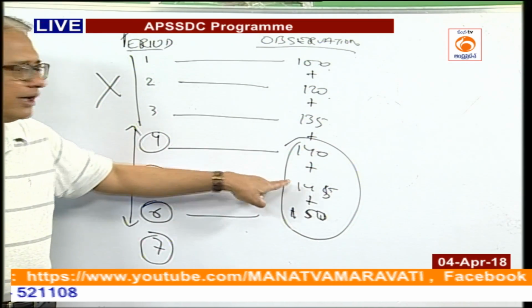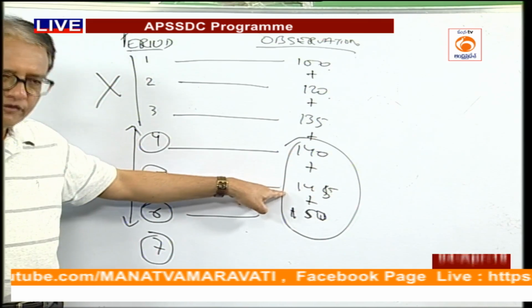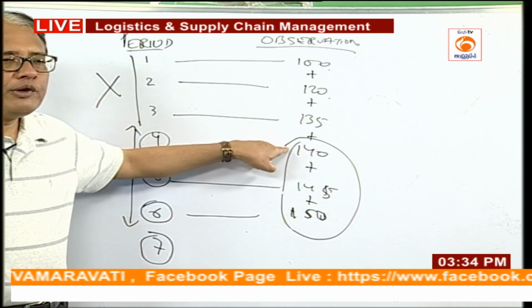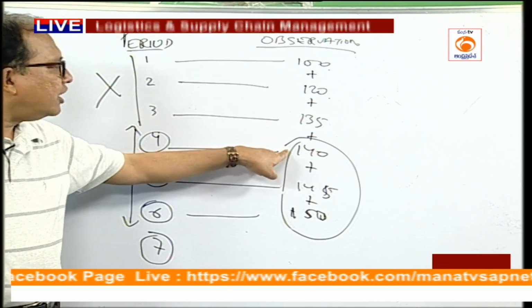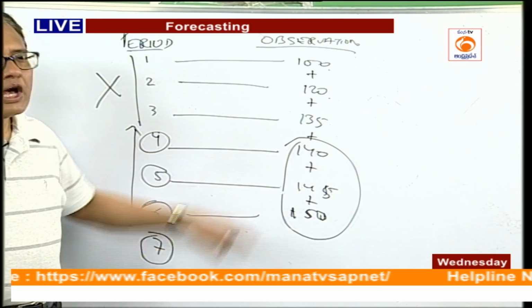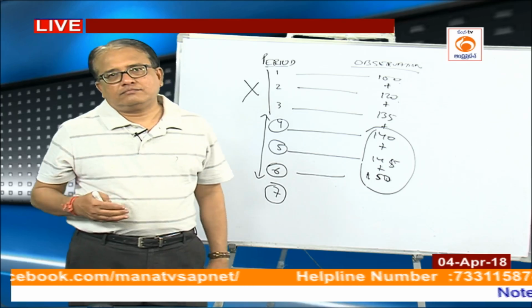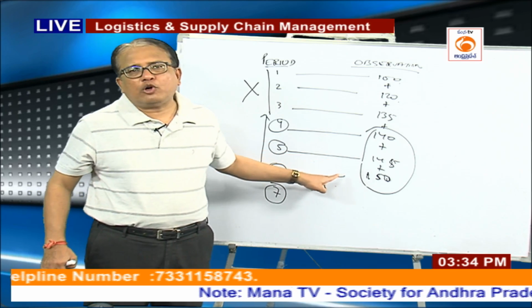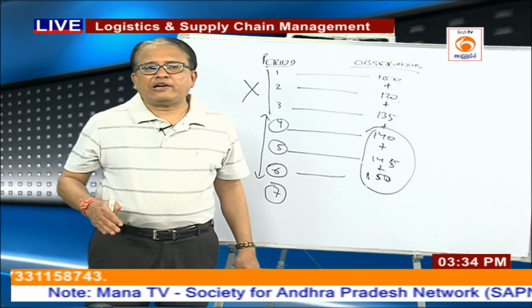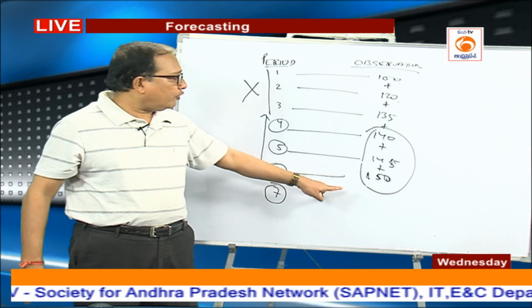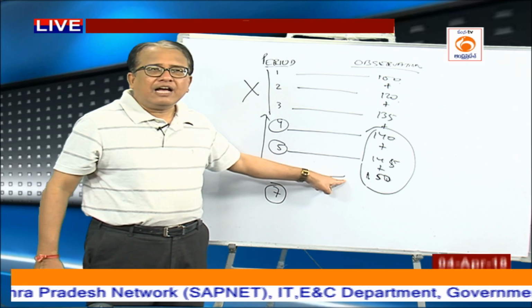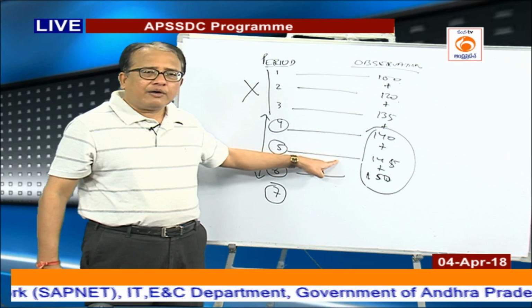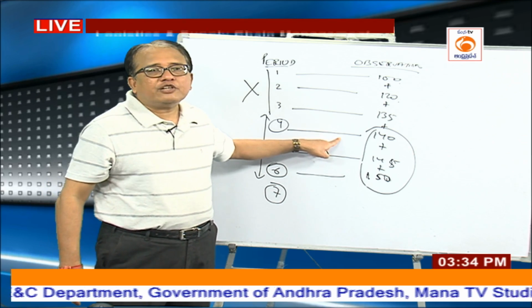Then what is more important is the observation in the 5th period, and then 140, that is the 4th period. So, I will give weightage. I will simply not add all of them. I will definitely add all of them, but giving more weightage to the 6th observation, a lesser weightage to the 5th observation and a lesser weightage to the 4th observation.